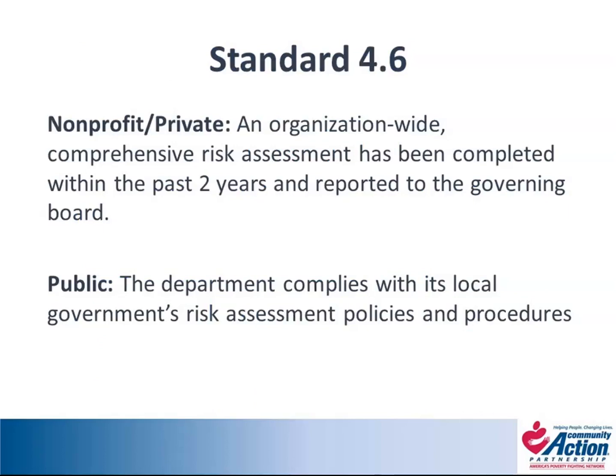This is mostly for nonprofit or private community action agencies. The public community action agencies are to comply with their local government risk policies or procedures. So it might look a little different in public community action agencies, but of course best practice is still to have a risk assessment and do risk management.